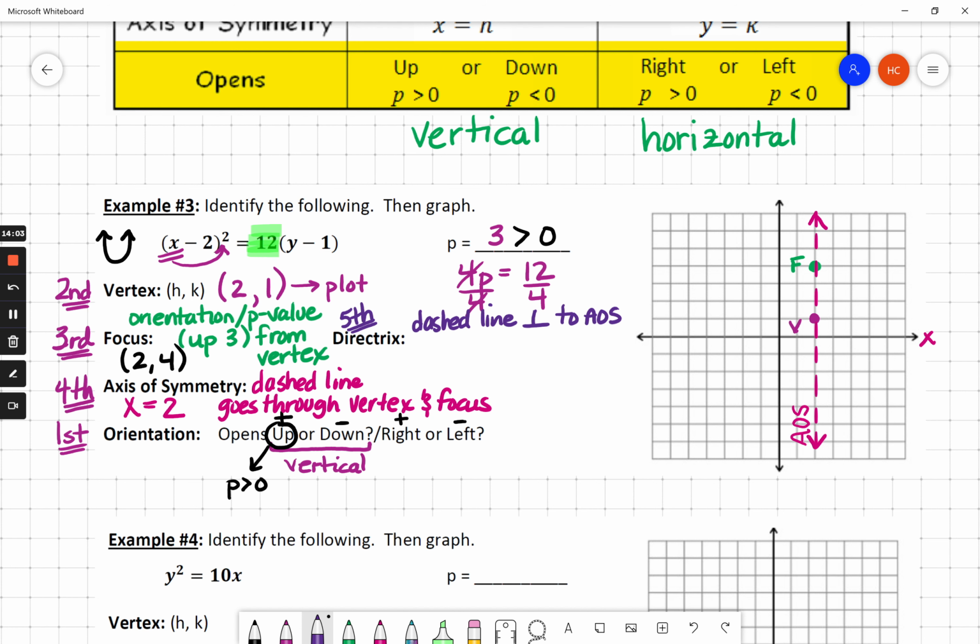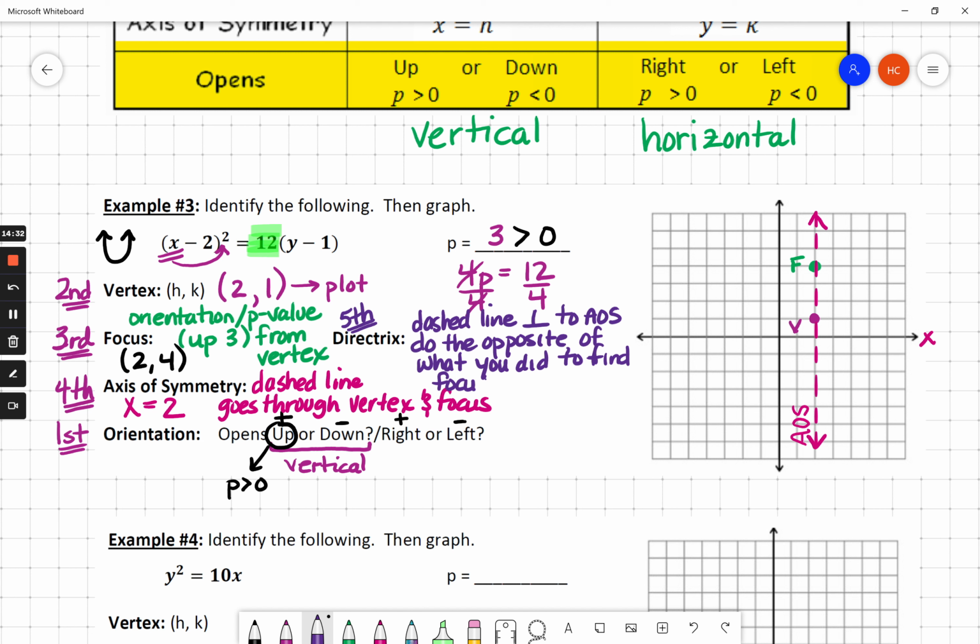Directrix is going to be a dashed line perpendicular to your axis of symmetry. What you're going to do is do the opposite of what you did to find your focus.